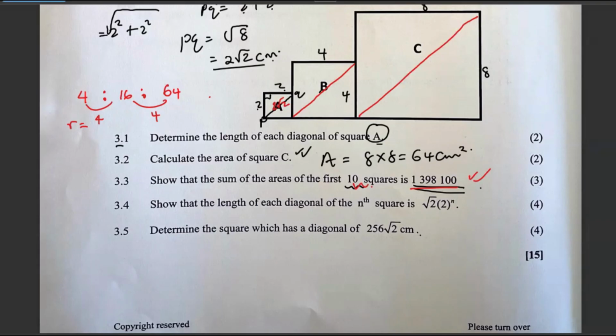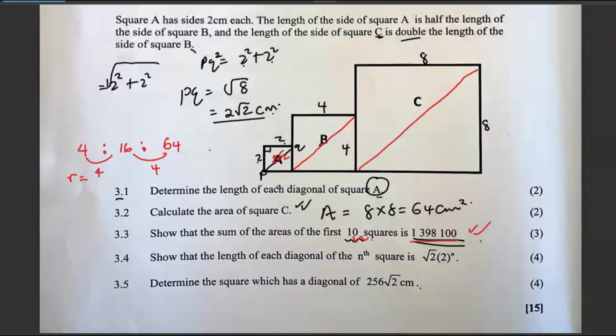So it's 4 squared plus another 4 squared, which gives us 4 root 2. Let's try with 8: 8 squared and then another 8 squared gives us 8 root 2.